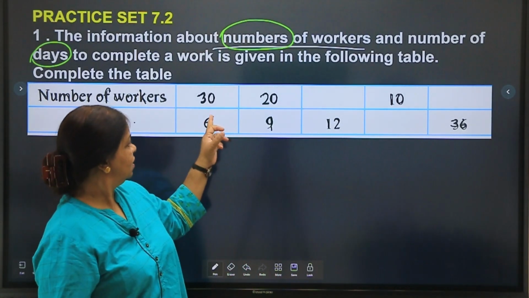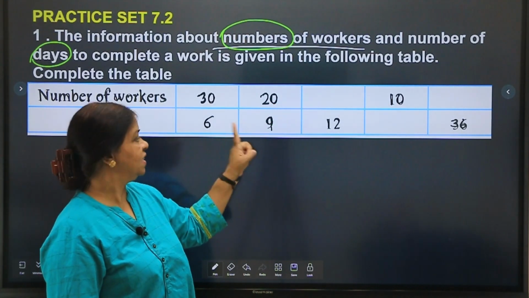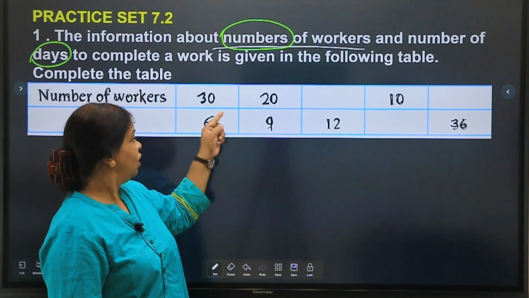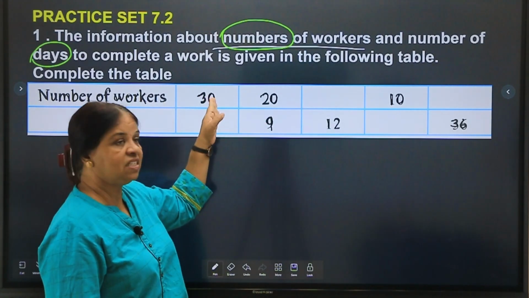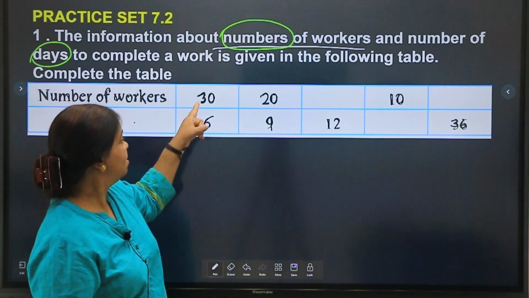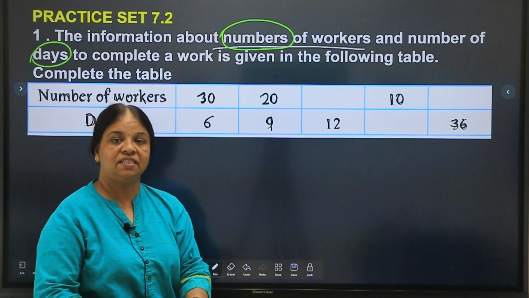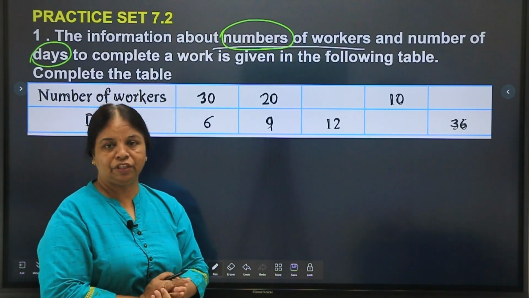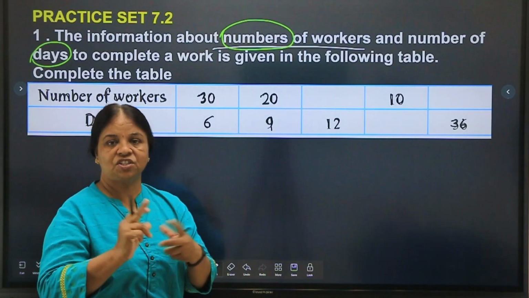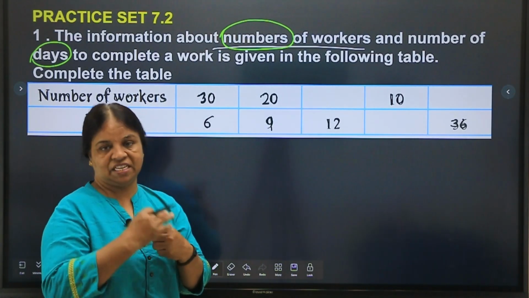Means if 20 workers are there, the number of days required is 9. If the number of workers is increased to 30, the number of days required is less. That means there is an inverse variation between these two factors.